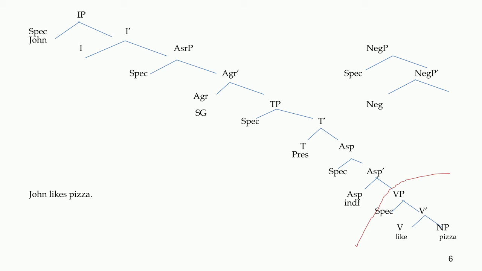Now, the argument here is, with a lot of evidence from the literature, it has been suggested that though nahi looks like a lexical item, it is present in the functional domain. So look at the corner where you see NegP.